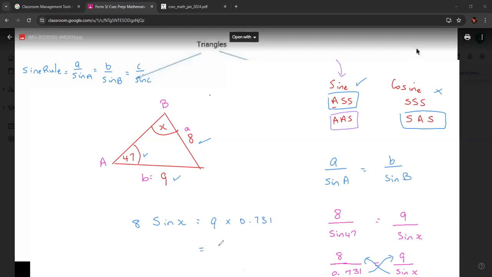That's going to be 6.579 as 8 sine X. I want to find out what is sine X. I'll carry across this 8. It was multiplying. So when it goes across, the opposite is going to become dividing.